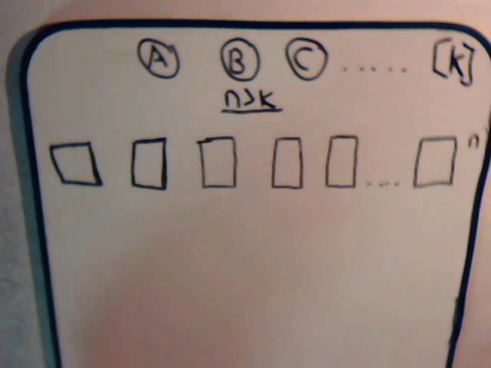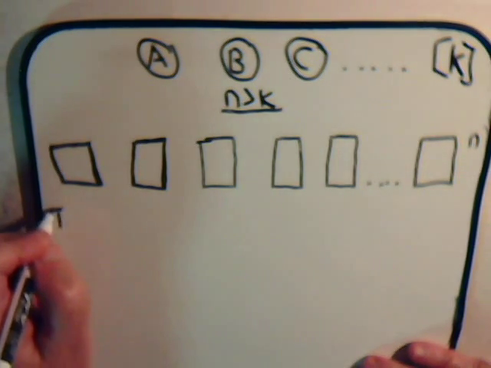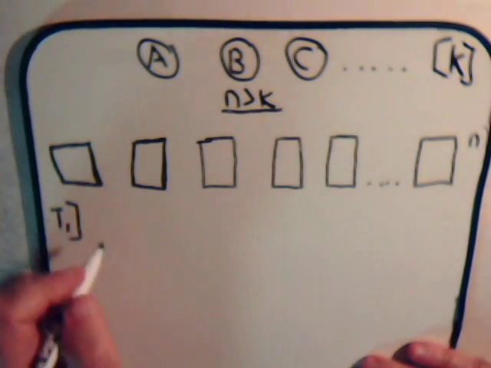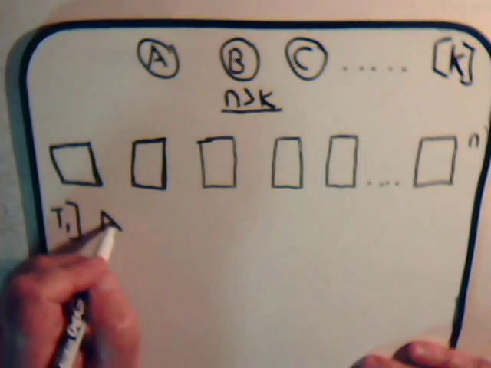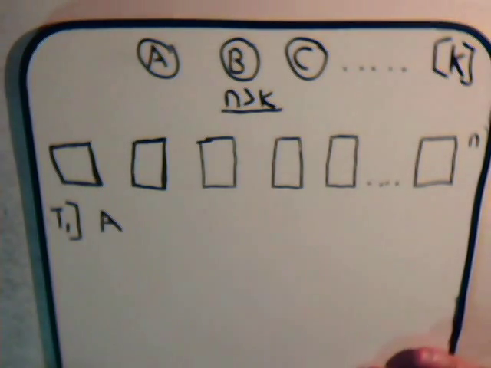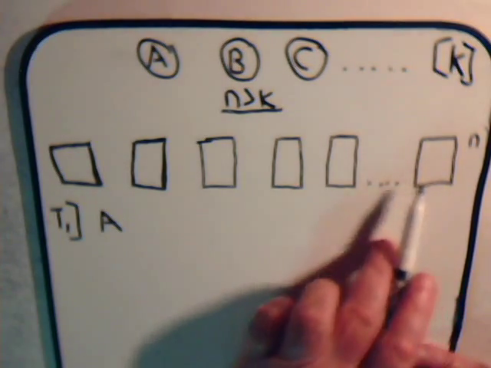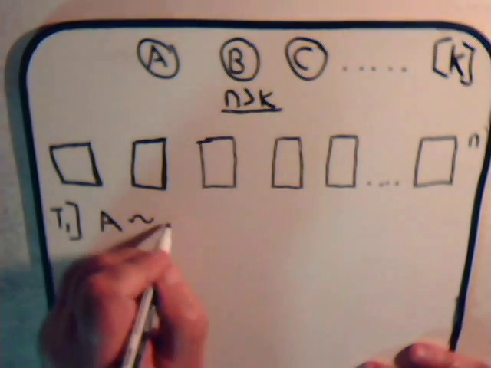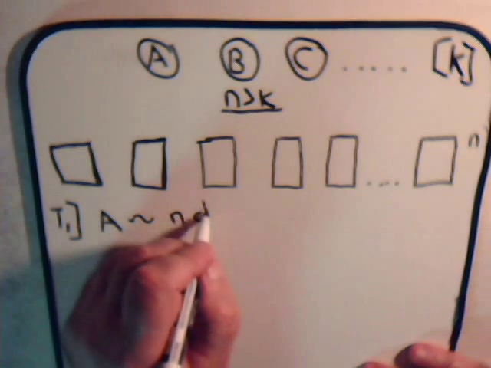Say that our first task, T1, is to select object A and put it into one of the boxes. How many ways can we do that? Well, we have n empty boxes available for us, so there are n choices.